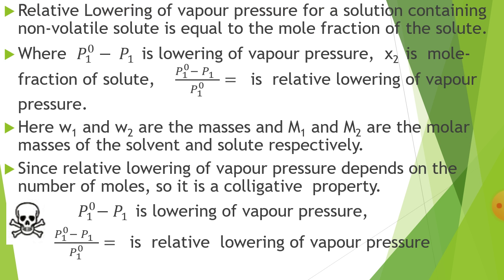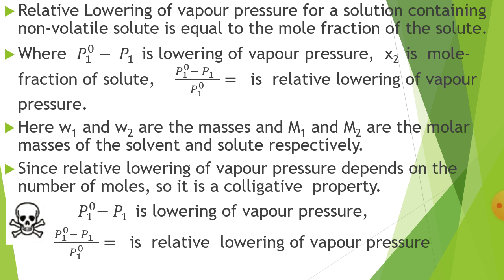Next, the relative lowering of vapor pressure of a solution containing a non-volatile solute is equal to the mole fraction of the solute. This is the definition of relative lowering of vapor pressure, where P01 minus P1 is the lowering of vapor pressure, X2 is the mole fraction of solute, and (P01 minus P1) divided by P01 is the relative lowering of vapor pressure.